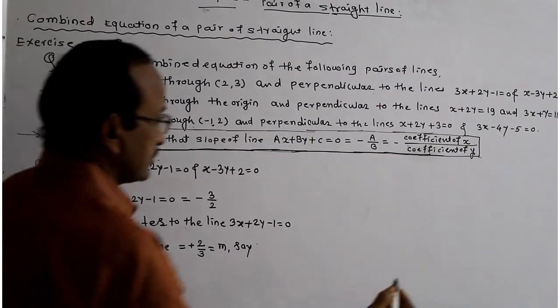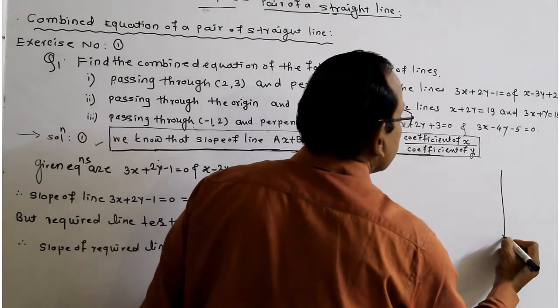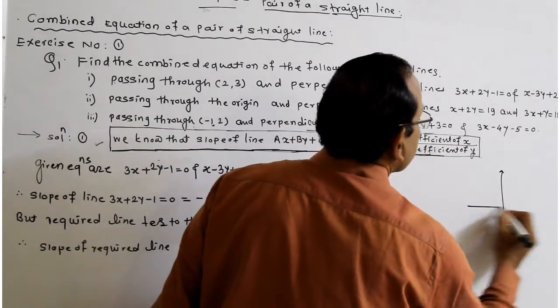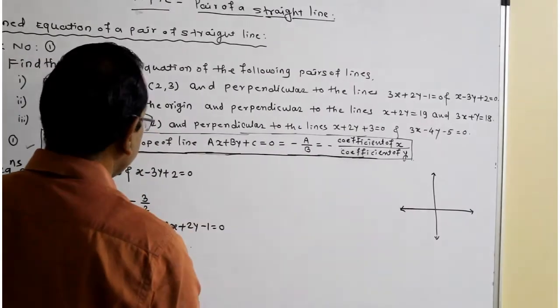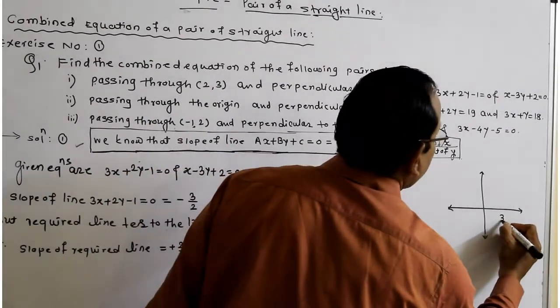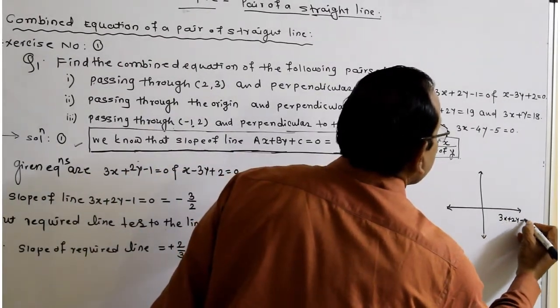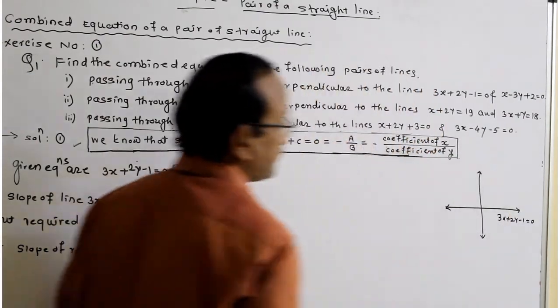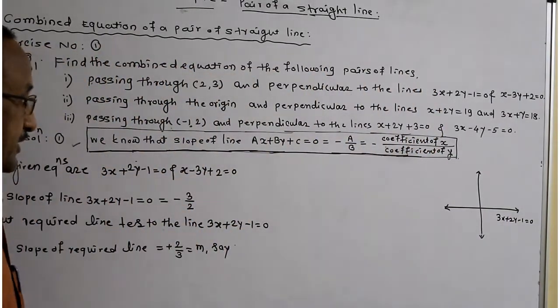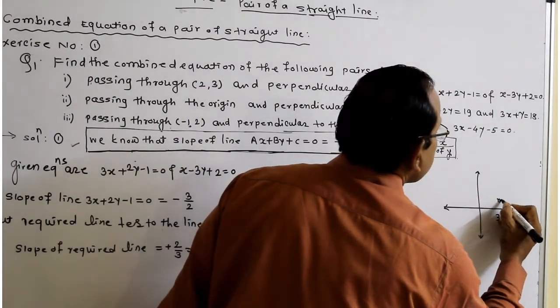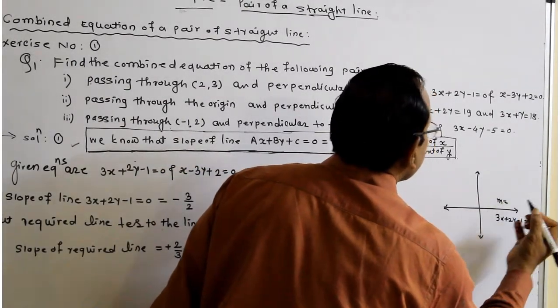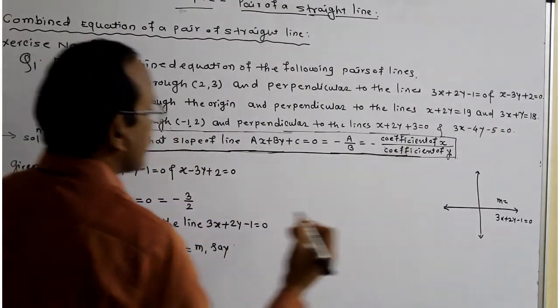Now see here, suppose the equation of line is 3x plus 2y minus 1 is equal to 0, whose slope is m is equal to minus 3 by 2.